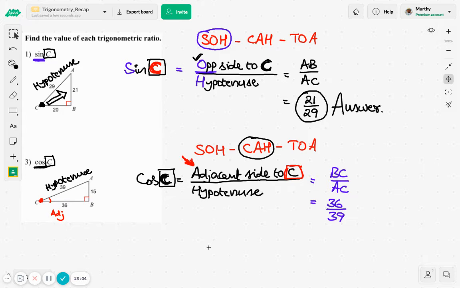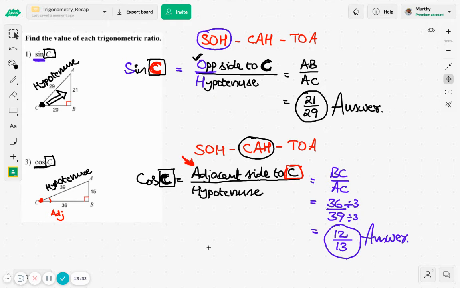Yes. Therefore, let's divide both by 3. So 36 divided by 3 gives you 12, and 39 divided by 3 is 13. Now I cannot divide the numerator and denominator anymore. Therefore, it is in its lowest terms. This is going to be the value of cos C.